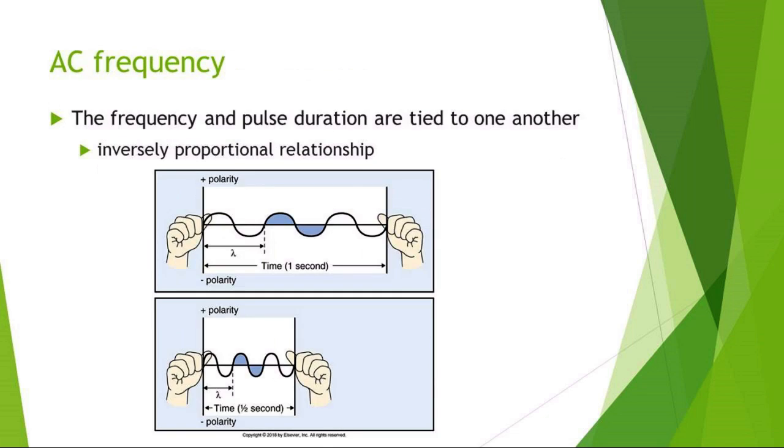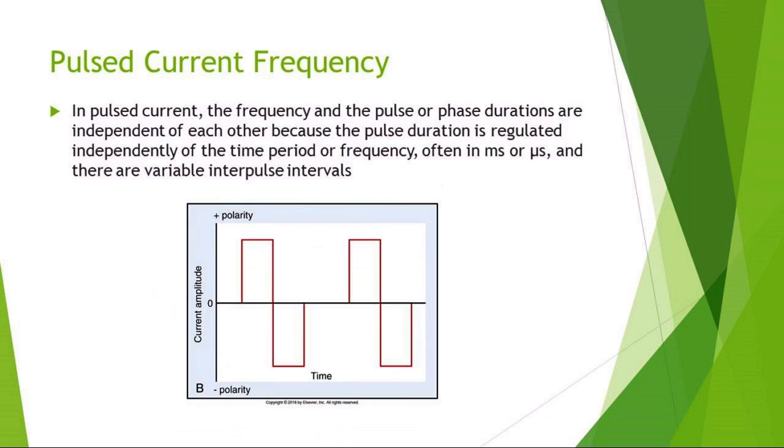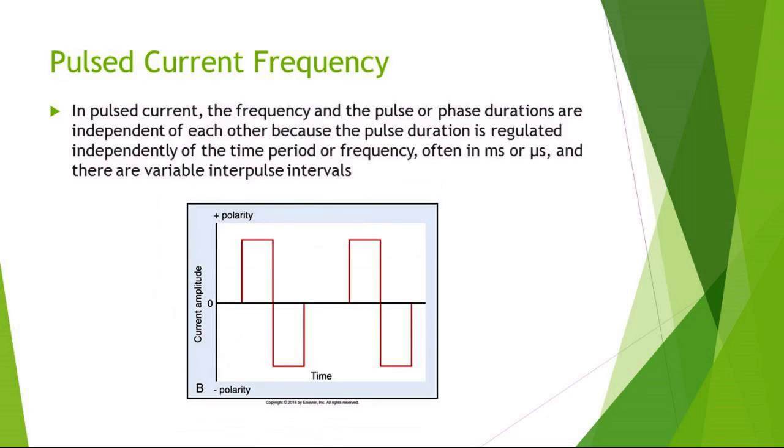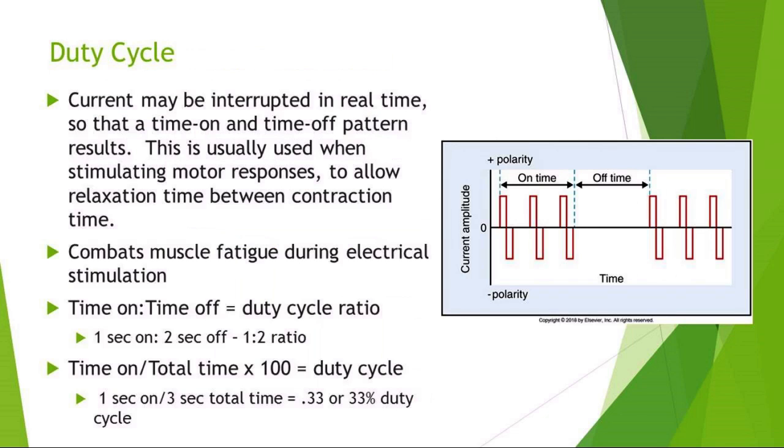In alternating current, you're going to set the frequency and the pulse duration is going to figure itself out. In pulse current, you're going to set the pulse duration, and the frequency is pretty much going to figure itself out, even though you can set it too. So it just has to do with which parameters are adjustable and which aren't, and we're going to talk about that with regard to specific applications.